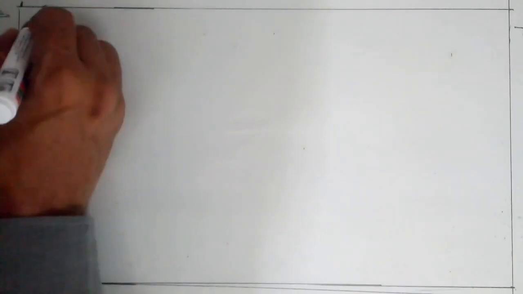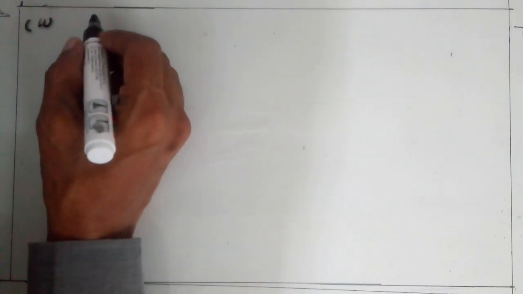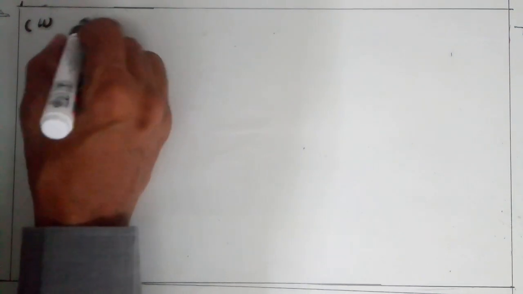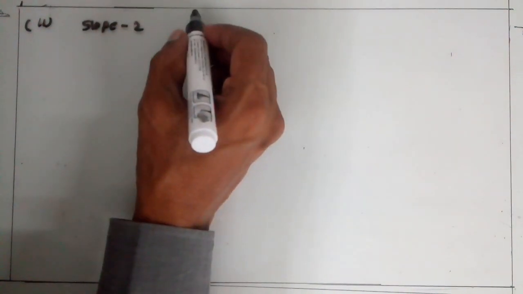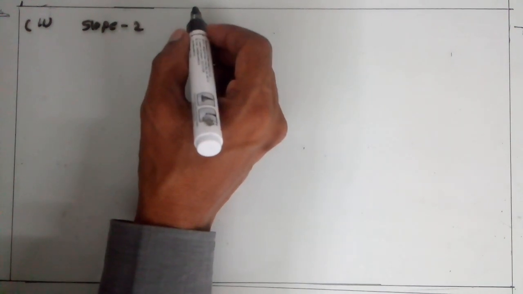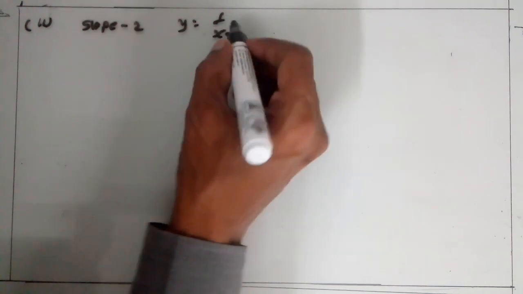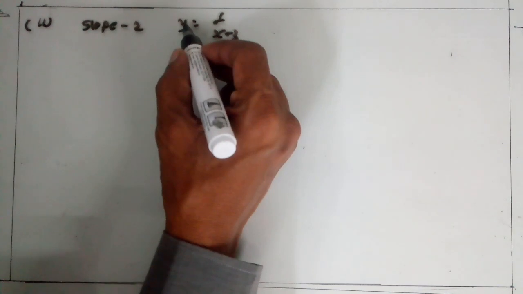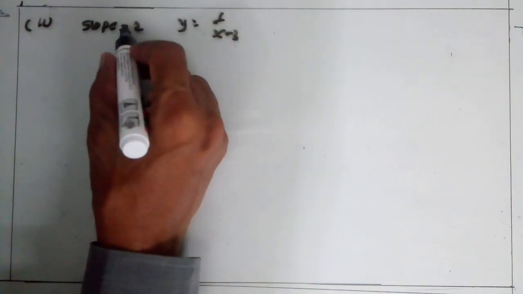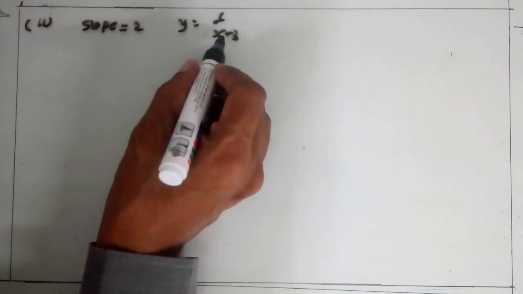Now, question number 11. Same question given. Find the equation of all lines having a slope, slope is given as 2, which are tangent to the curve y is equal to 1 upon x minus 3, x not equal to 3 given. First we get the slope of tangent dy/dx, compare with the slope 2, get the value of x.